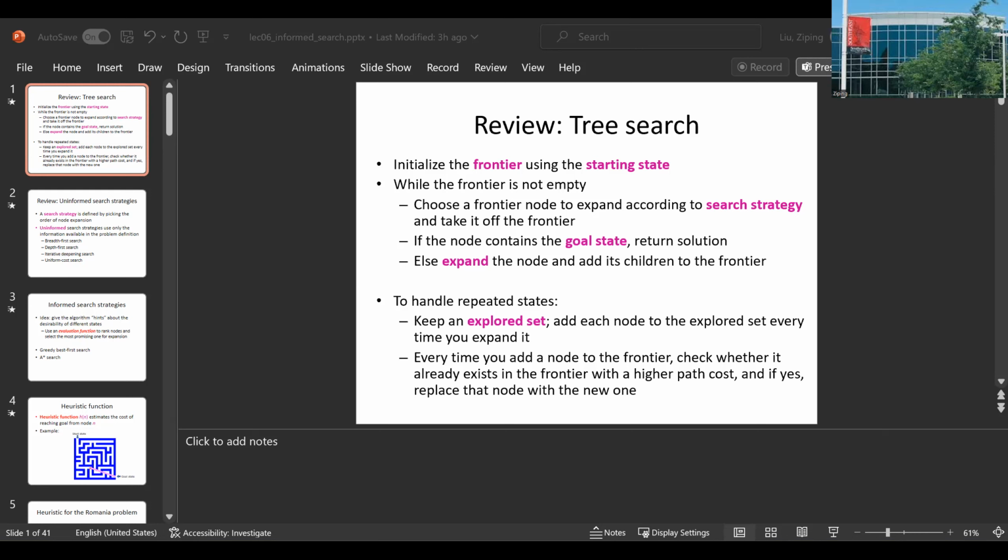Plus the heuristic. And when you have this 4 and this 2, you can take the lowest. That's why this one is lower, so you're going to expand it. The goal is this one. You're going to expand it. Okay.